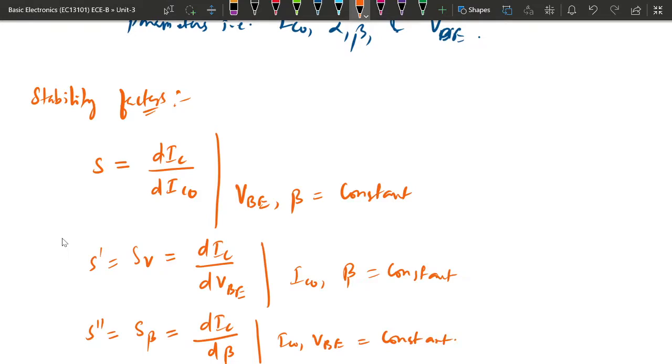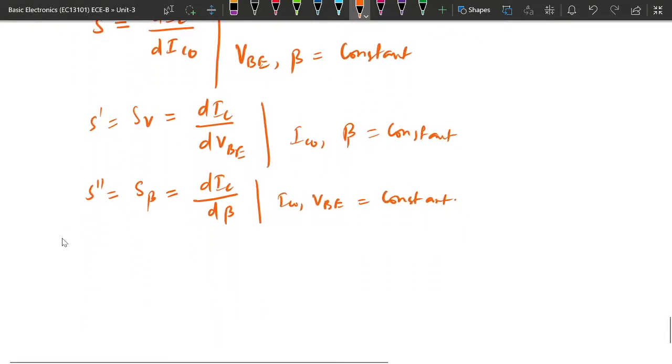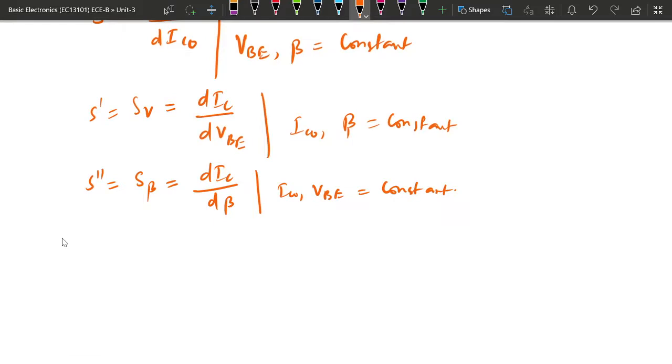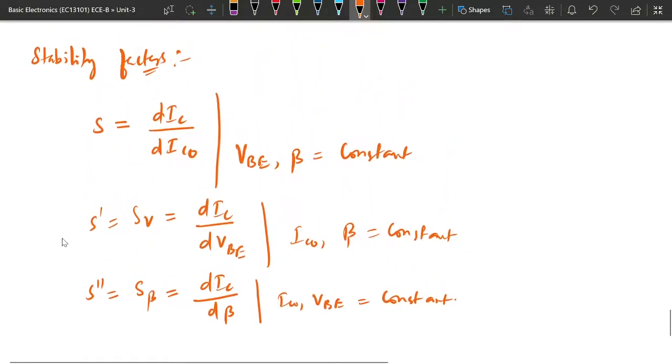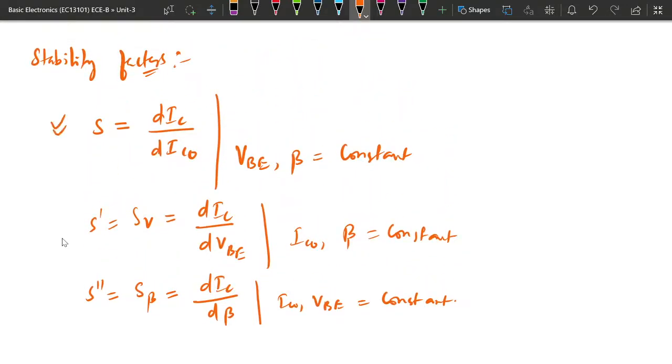Okay, so here we can see that only S, that is the change in IC by the change in ICO value, we will be considering. We are considering VBE and beta constant always.